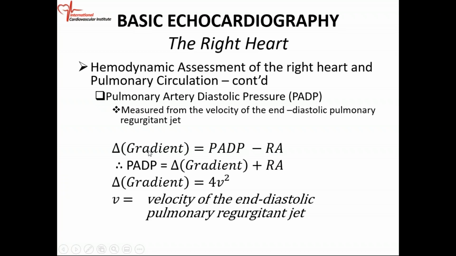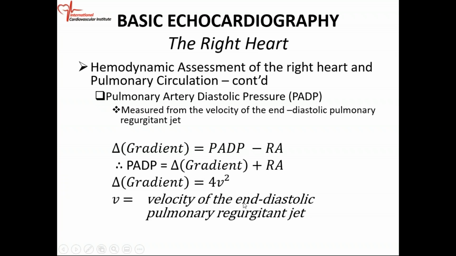But if you remember, when you have PI, you get a truncated envelope in diastole, so all our measurements are going to be end diastole. So you have to use your end diastolic velocity. You're going to square that velocity, multiply it by 4, and that will give you the gradient, 4V squared.